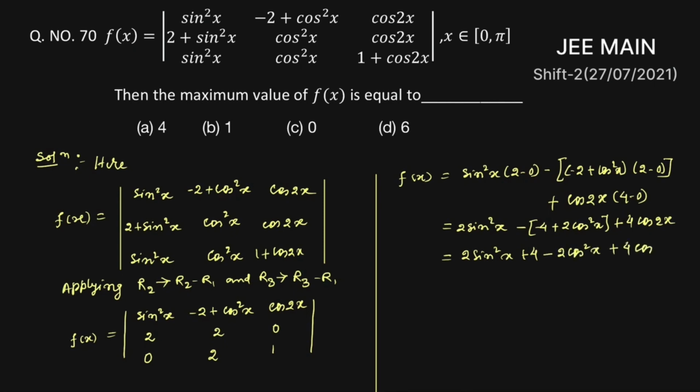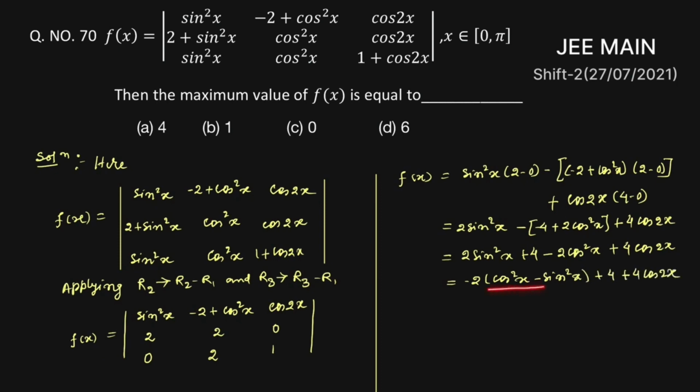From these two terms, we take minus 2 common, then we get minus 2 (cos square x minus sin square x) plus 4 cos 2x.